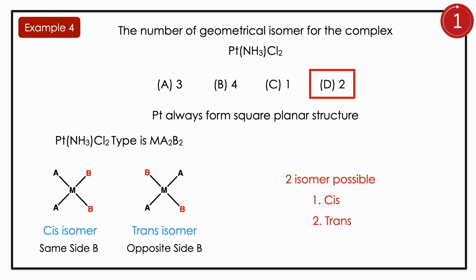Platinum always forms a square planar structure. That is a very important fact. Then you can draw the cis and trans isomers. Cis means the B atoms are on the same side. Trans means the B atoms are on opposite sides. So two isomers are possible, cis and trans. So our answer is D. The concept you have to learn here is that platinum always forms a square planar structure.